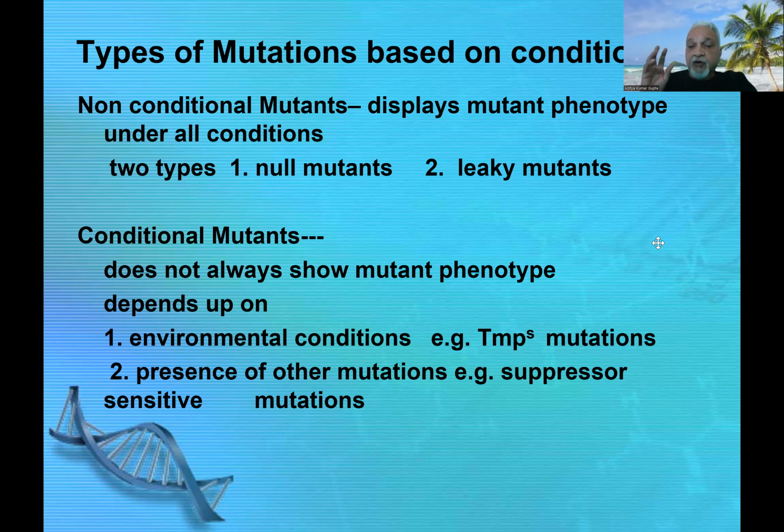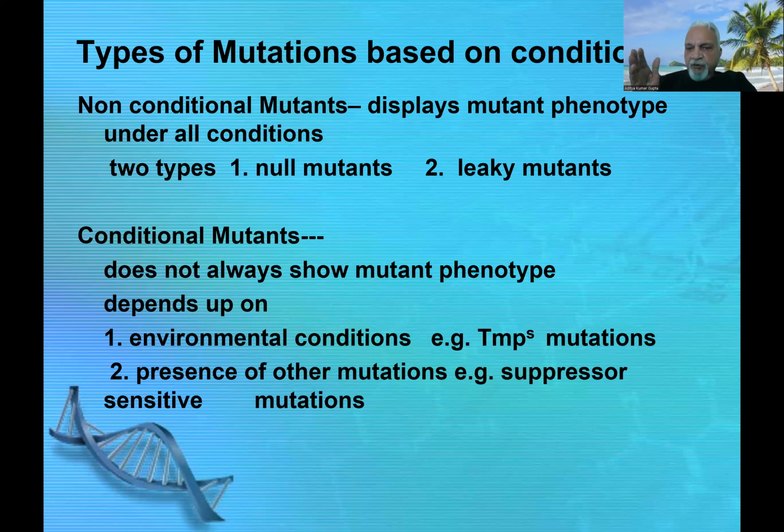Non-conditional mutants or mutations are called so when a mutant phenotype is seen under all conditions. Here also you have two types of mutations or mutants: null mutations or null mutants, and the leaky mutants. In null mutants, all the individuals having that mutation show the mutant phenotype. That is null mutants or null mutations. And then you have leaky mutants or leaky mutations.